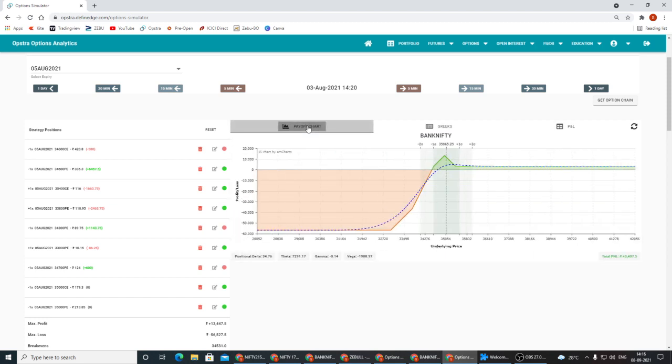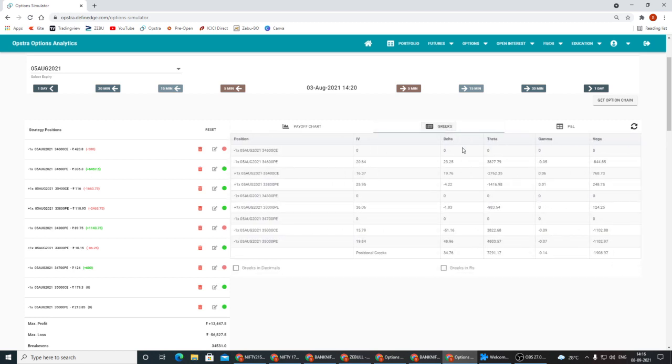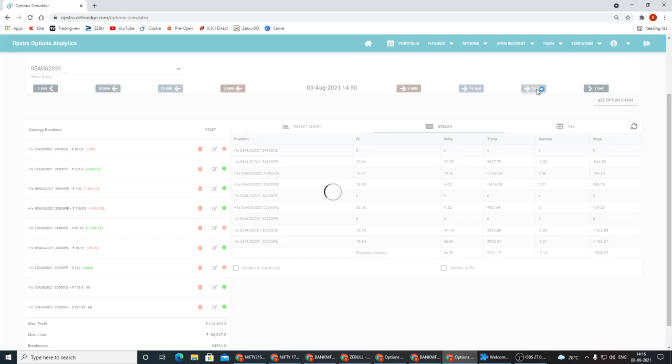Let's look up the payoff diagram. So on the upper side we are safe. If the market moves higher, we don't have any problem. So only downside we need to manage. Okay, let's see the Greeks. Both are 50-50. Let's move another half an hour.